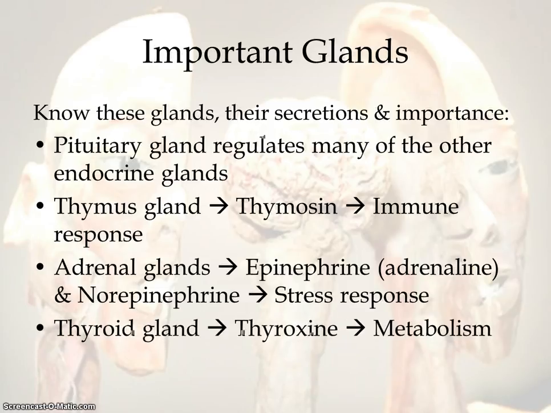Your thyroid gland is another important gland. It produces thyroxine, this hormone, and this hormone is what's going to help regulate your metabolism. So you've probably heard, or maybe you've seen on shows or videos, commercials, whatever, that some people have higher metabolisms, some people have lower metabolisms. That doesn't necessarily mean anything good or bad.